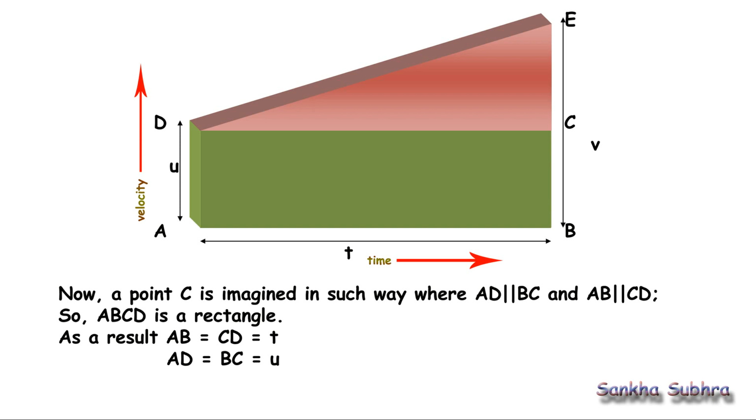As a result, we can say that ABCD is a rectangle. We know the opposite sides of a rectangle are equal and parallel. So we can write AB equal to CD equal to the time of journey, that is nothing but the time t, and AD equal to BC is nothing but the initial velocity, that is u.